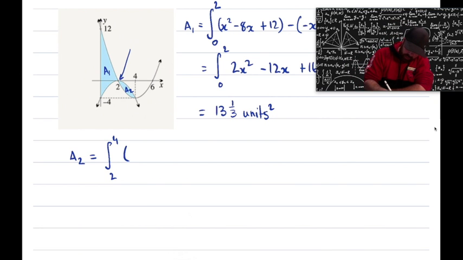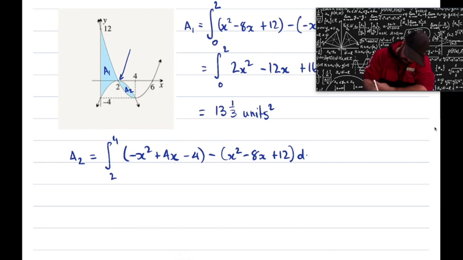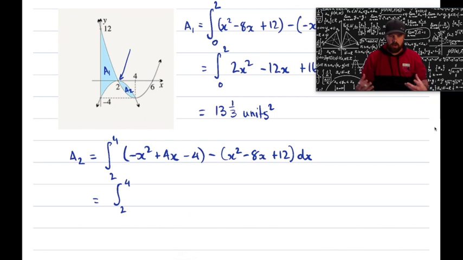So we have minus x squared plus 4x minus 4, because it's the top curve, minus the bottom curve, which is x squared minus 8x plus 12 dx. And that simplifies to minus 2x squared plus 12x minus 16.